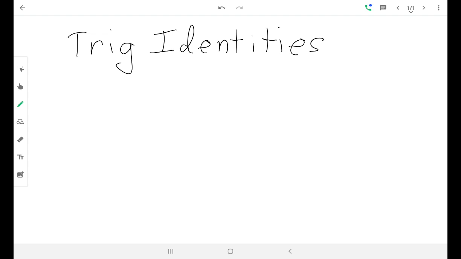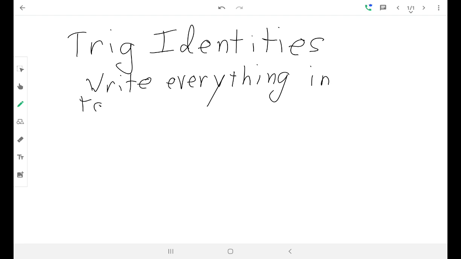One of the big things, maybe the biggest thing that you need to know, is that you can write everything in terms of either sine theta, cosine theta, or some combination of the two, okay? And that's going to be your big thing.